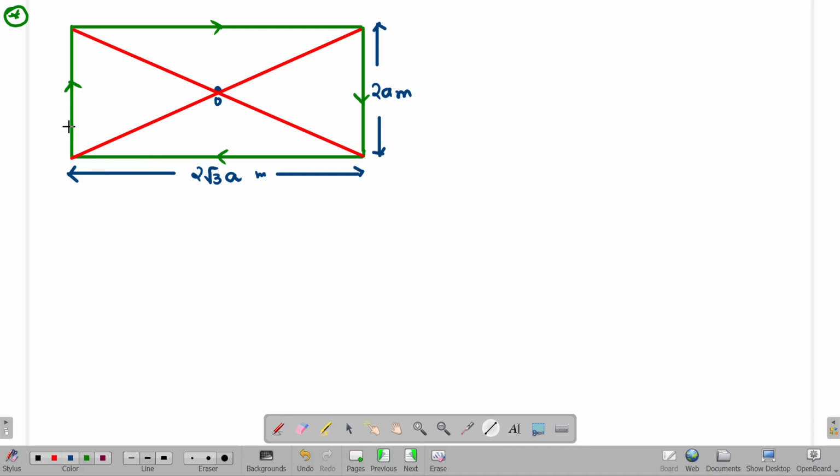That's not correct, isn't it? So these angles are not 45 this time, they are totally different.